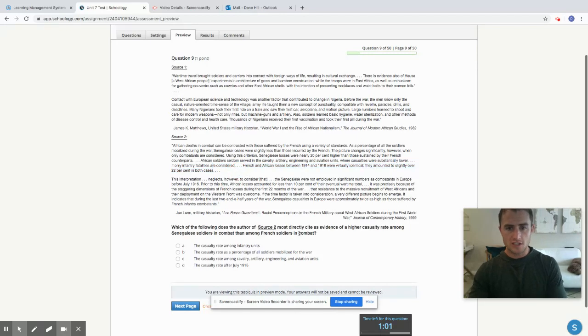But then the question's asking, what does the author of source 2 most directly cite as evidence of higher casualty rate among Senegalese soldiers? Interesting. So maybe if we go on to the second paragraph, that would help us. "This interpretation neglects, however, to consider that Senegalese were not employed in significant numbers as combatants in Europe before July 1916." I see.